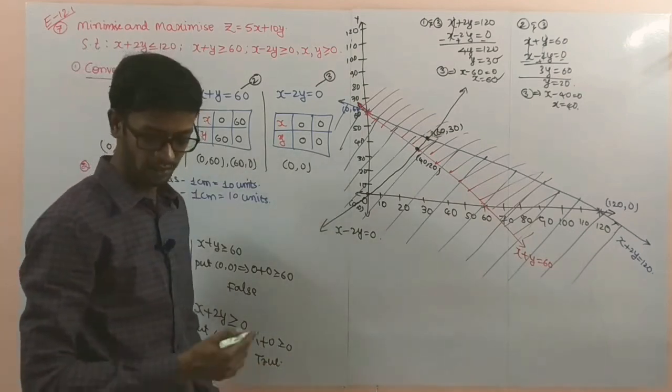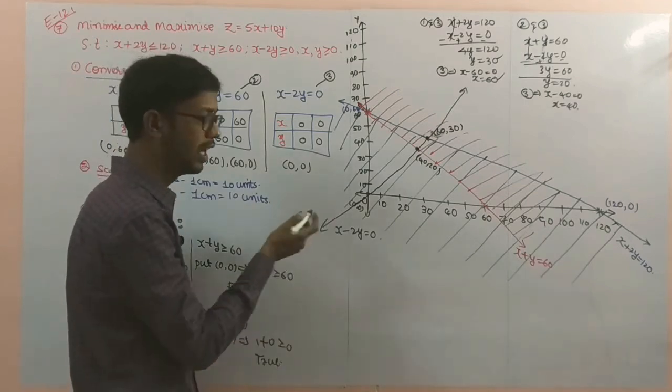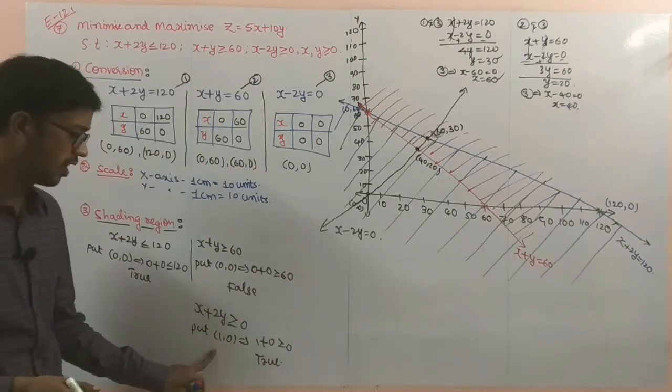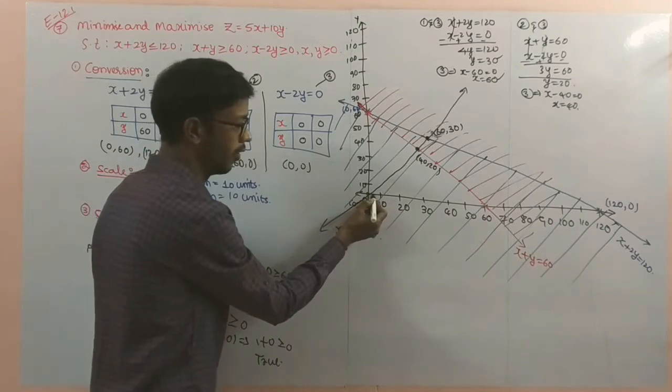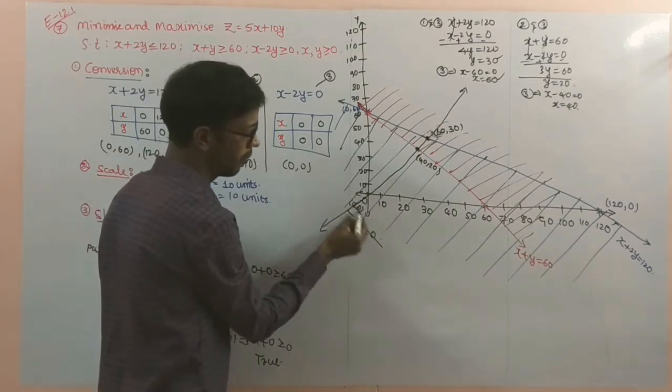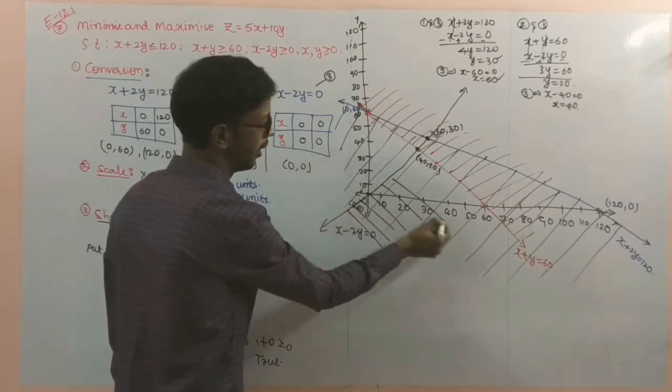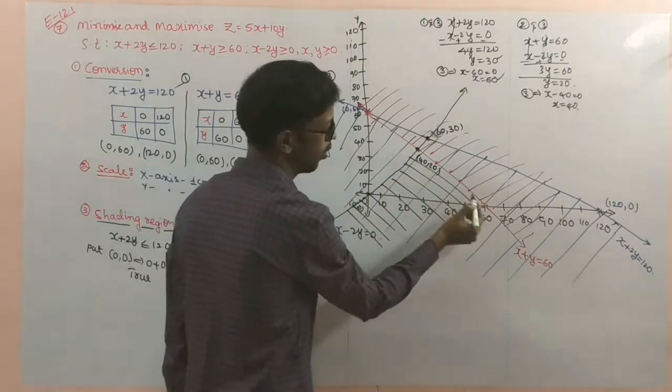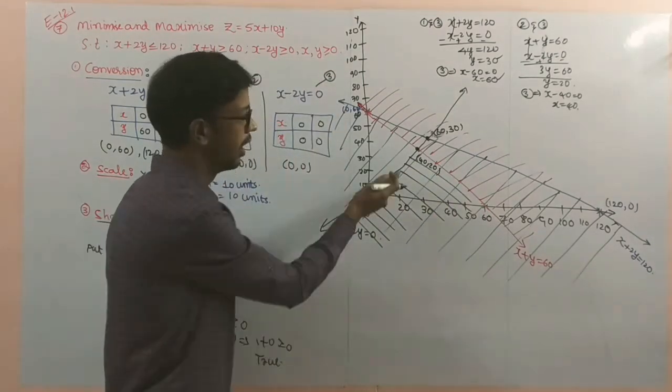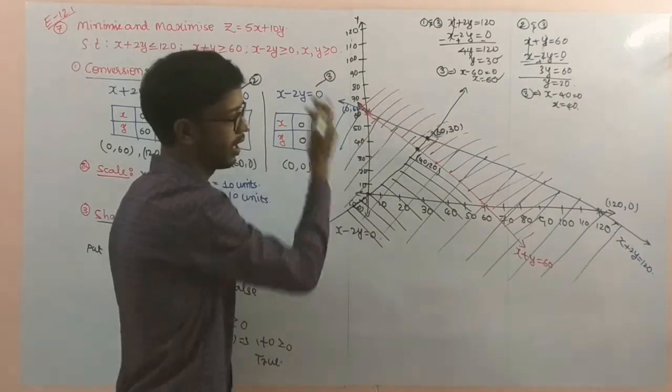You have to include that point. That point 1 comma 0 lies here, including that point means below that line. A true condition is below the line; false condition is above the line. We have to draw here.